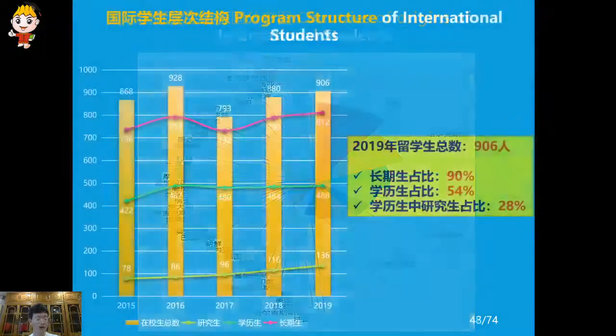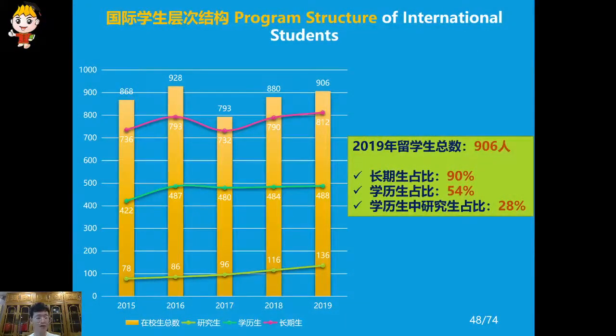And also, the table above shows the degree program students account for half of them above all, and the postgraduate and doctorate program students make up around 28%.